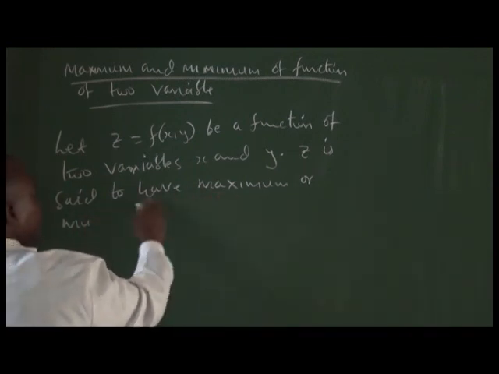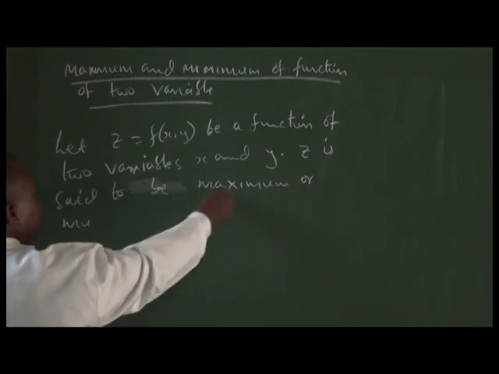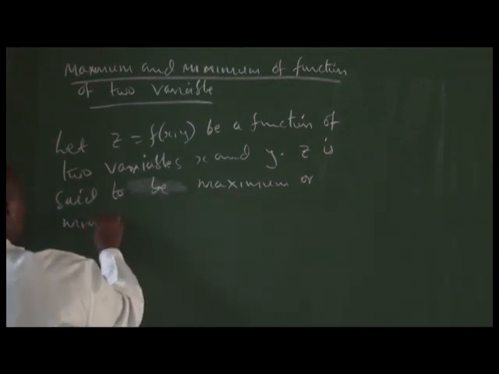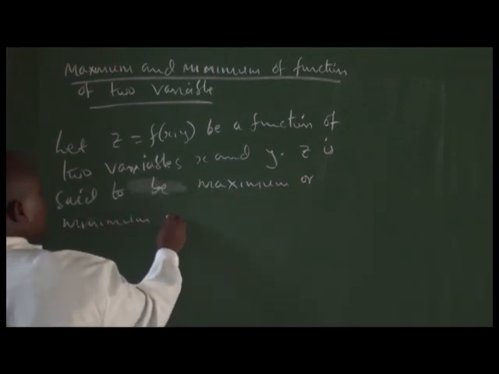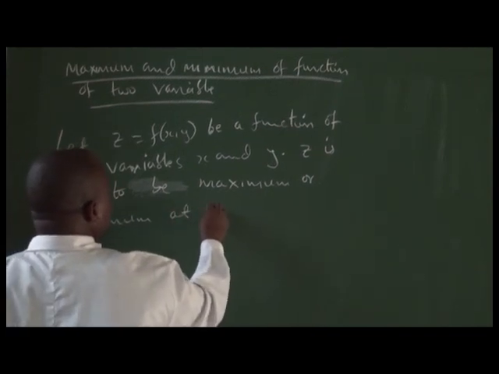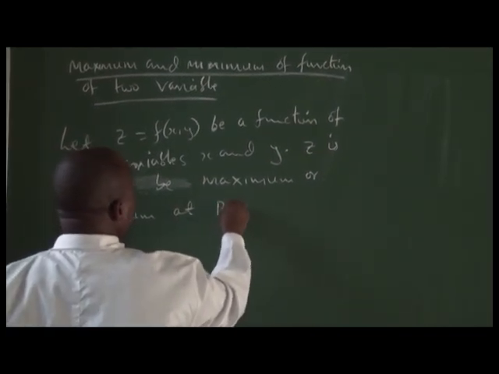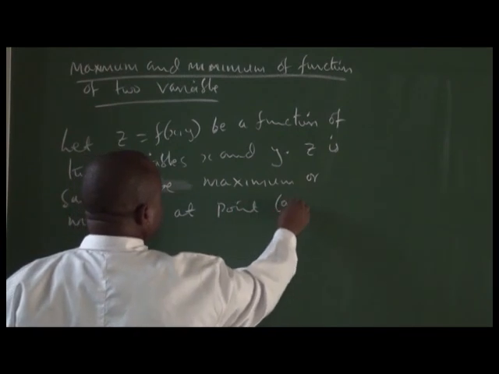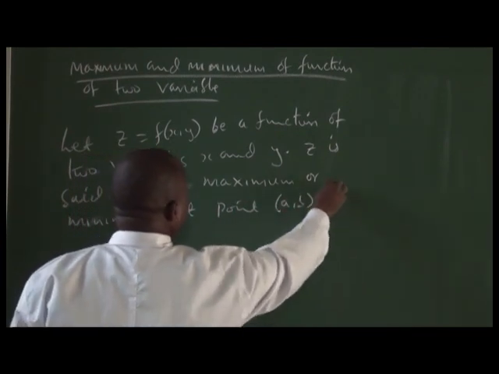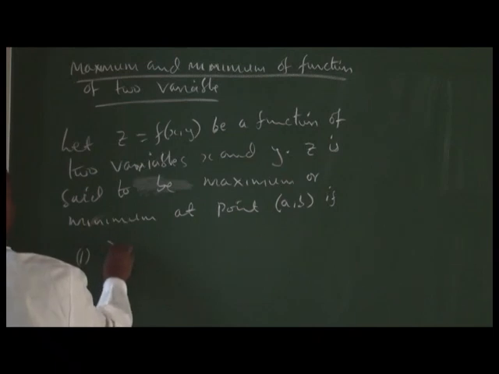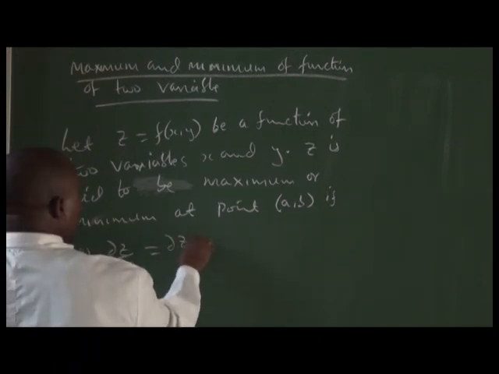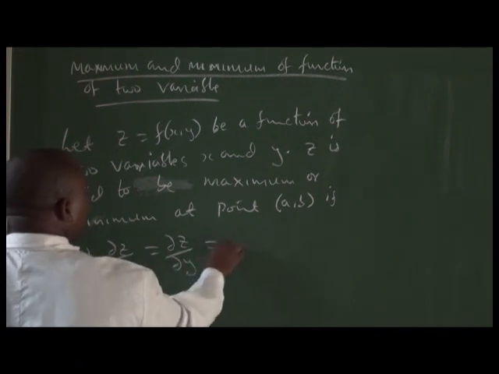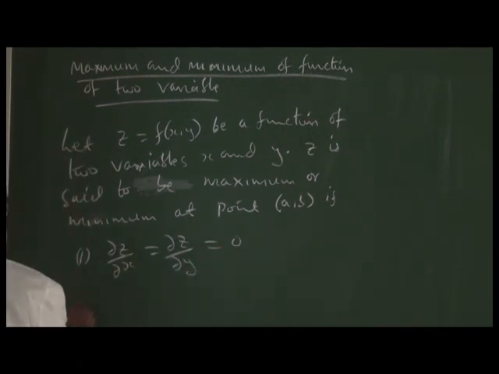To be maximum or minimum at point (a, b), condition 1 is partial z partial x equals partial z partial y, which is equal to 0.